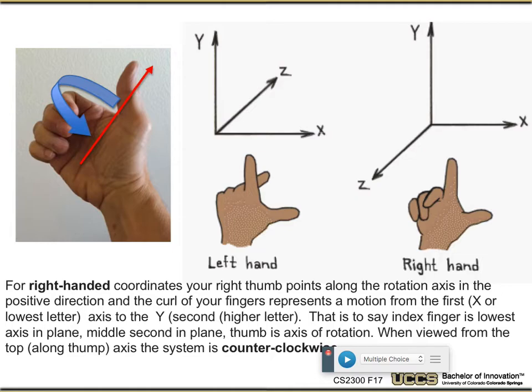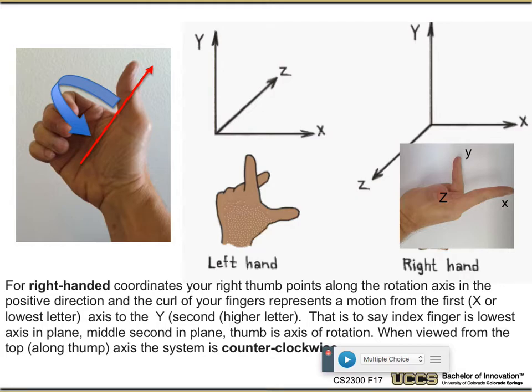The problem is that's not enumerating them in the right order. I have to do them in the order X, Z, Y. If I do X, Y, Z, I get my rotation that way.